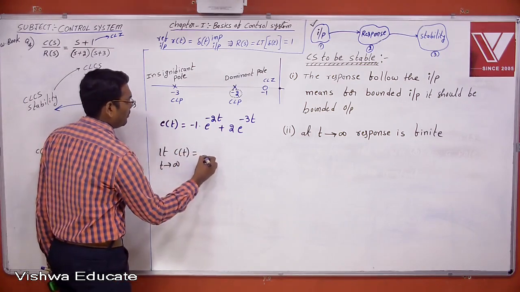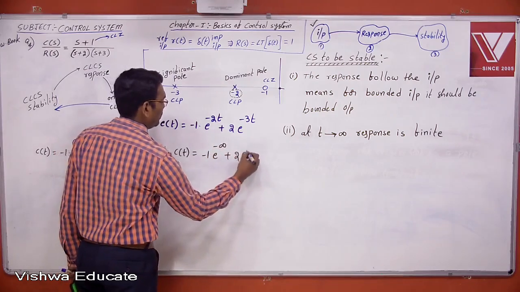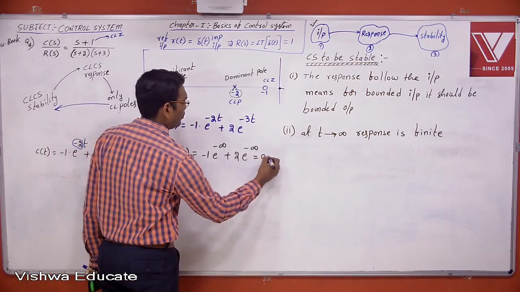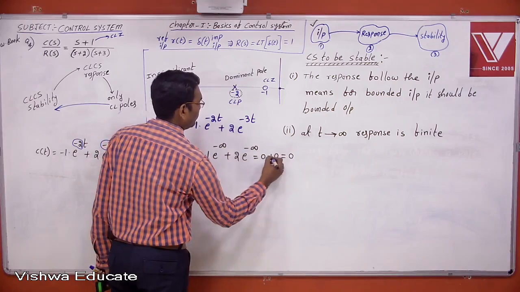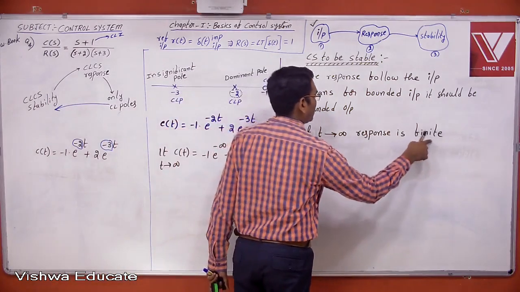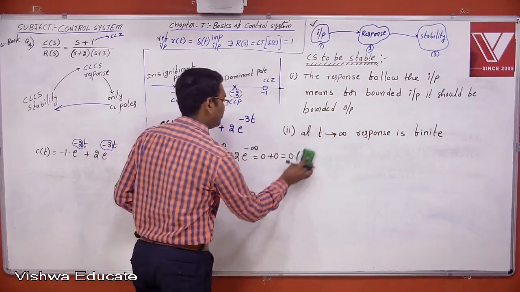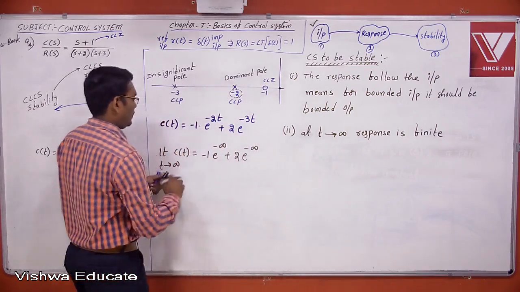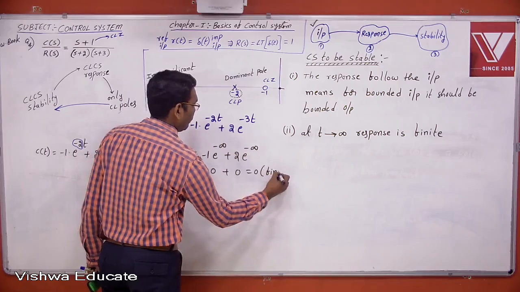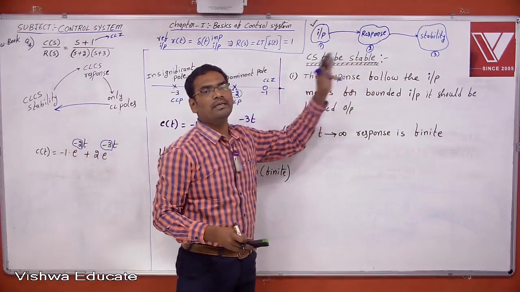You see here, -1 into e power minus infinity plus 2 into e power minus infinity, which is 0 plus 0, equal to 0. Now at t tends to infinity, the response is 0. The response is 0 means the response is finite or not? The response is 0, which is nothing but finite. Then the control system is stable.